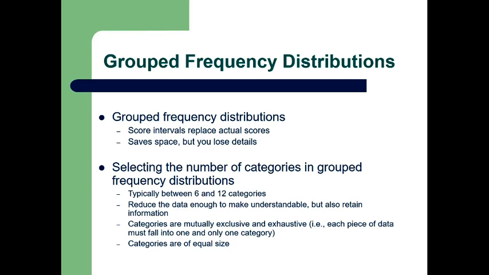It's important that categories are mutually exclusive and exhaustive. This just means that each piece of data must fall into one and only one category. It's also important that you create categories of equal size. It is really important.